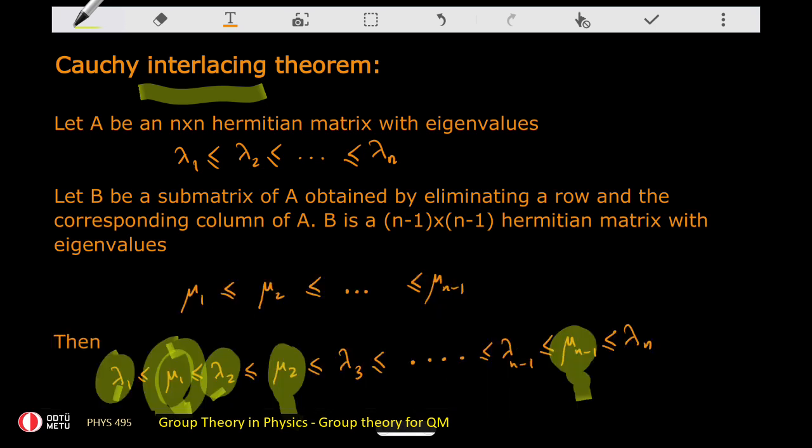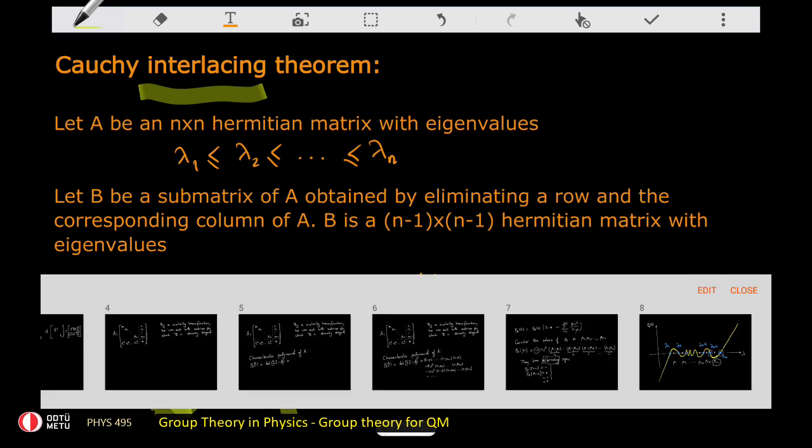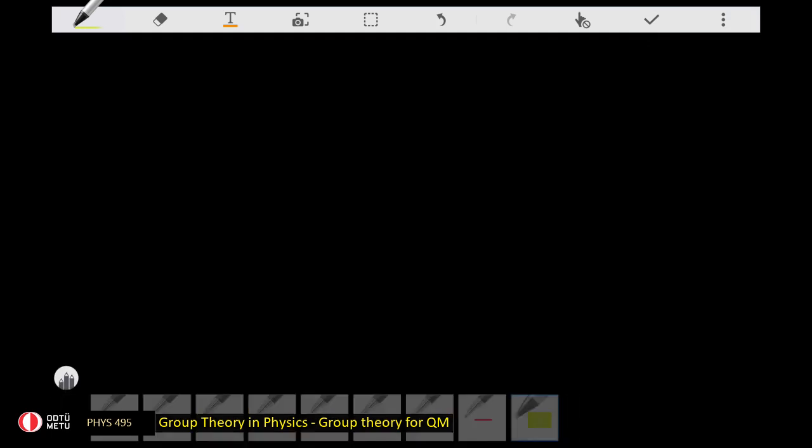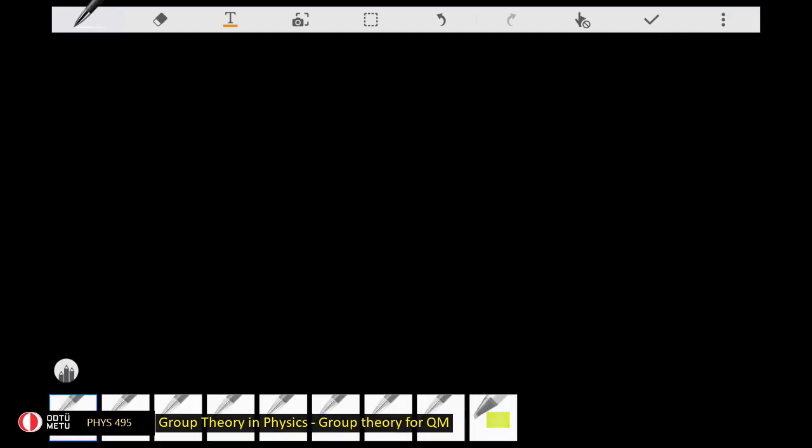Let me just, I think I'm going to go to the last page and then add a page. All right, so as a result, we have this kind of illustration. So what if k rows and columns are dropped? In that case, you use the theorem step by step, k times actually.